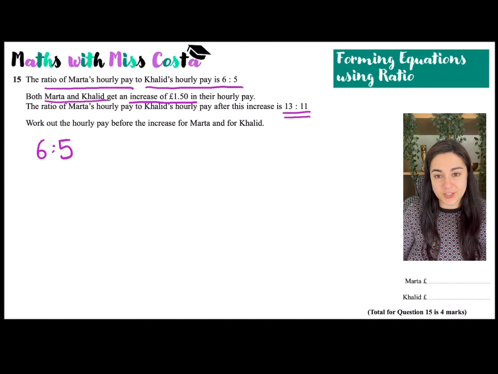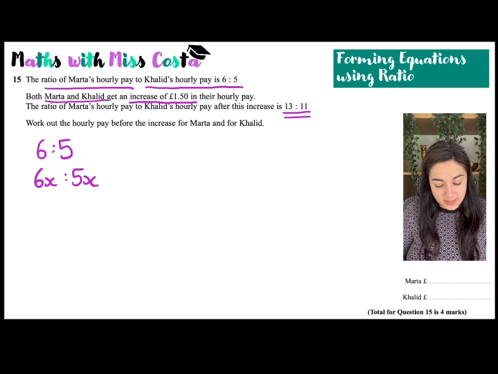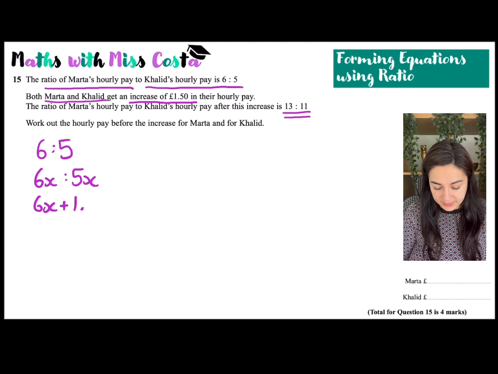So what I can do is set myself up an expression. So Marta's hourly pay to Khaled's hourly pay would have been 6x to 5x, okay? But they have both got an increase. So they both get an increase of £1.50 in their hourly pay. So I would say that's 6x plus 1.5 to 5x plus 1.5.